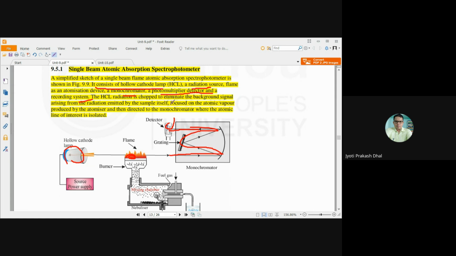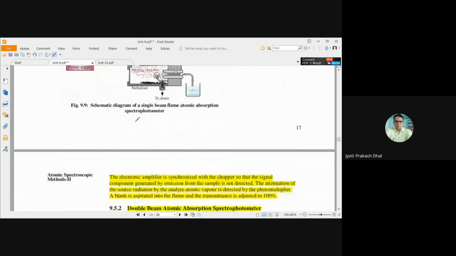The HCL radiation is chopped to eliminate the background signal arising from the radiation emitted by the sample itself. It only focuses on the atomic vapor produced by the atomizer, then is directed to the monochromator, where the atomic line of interest is isolated.